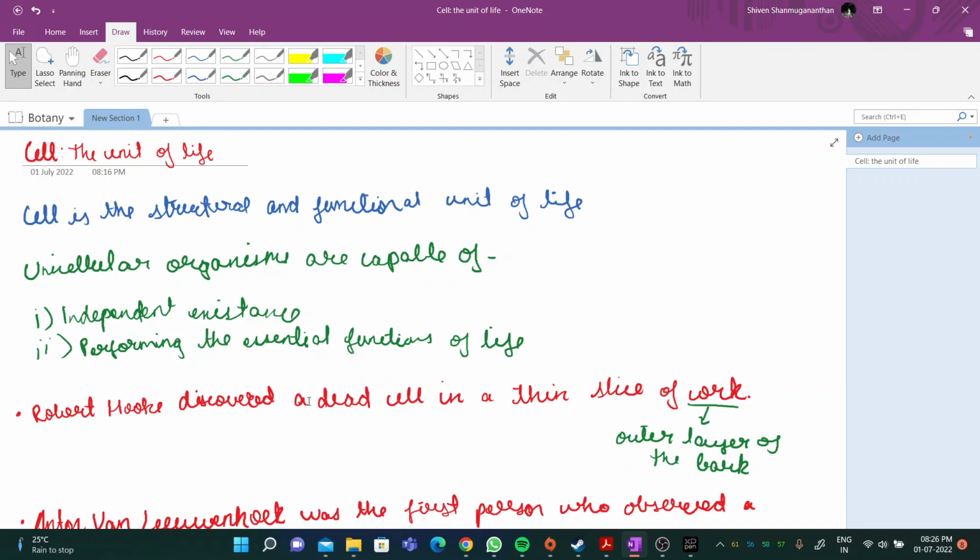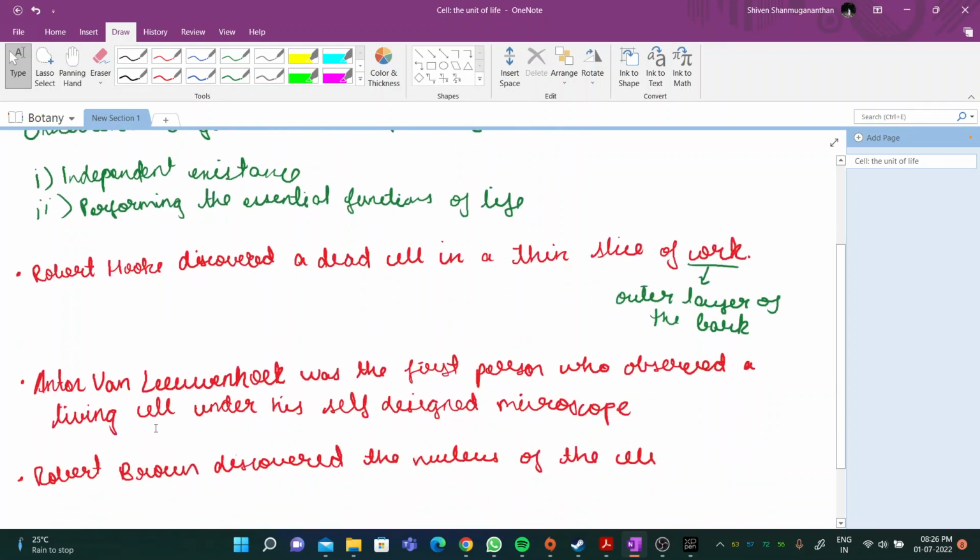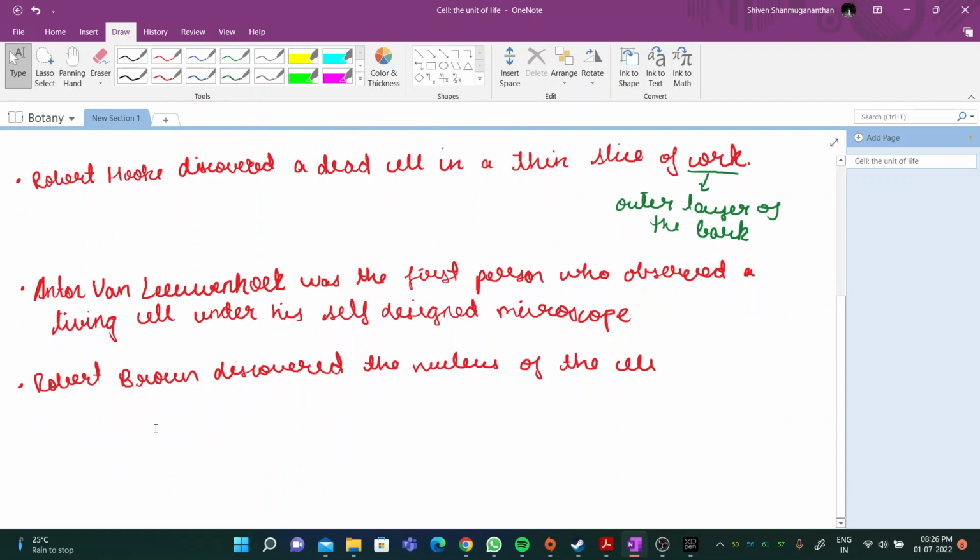Robert Hooke discovered a dead cell in a thin slice of cork. Now, cork is the outer layer of the bark, usually dead cells. Anton van Leeuwenhoek was the first person who observed a living cell under his own self-designed microscope, big man. Now, Robert Brown discovered the nucleus of the cell. Great. Now, let's move on to the cell theory of life.